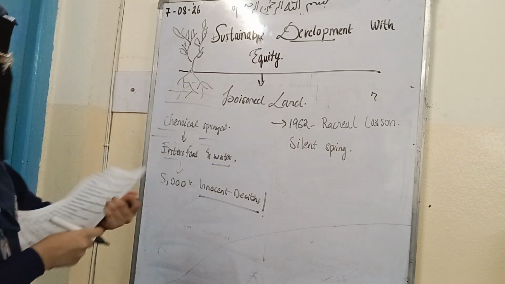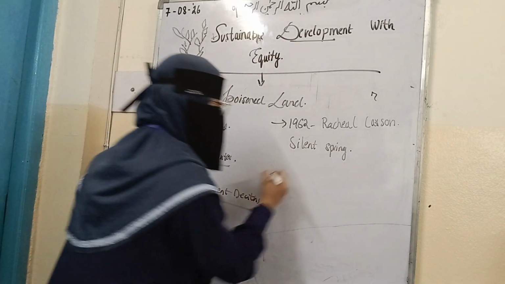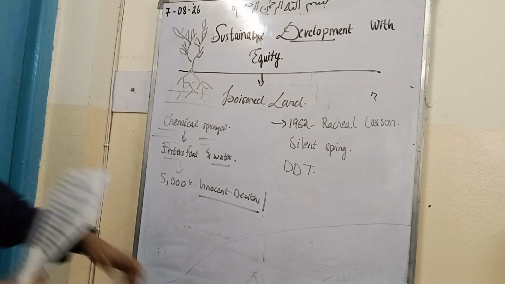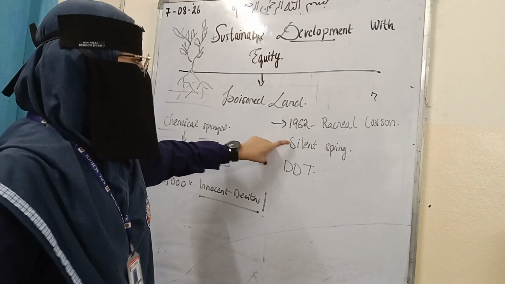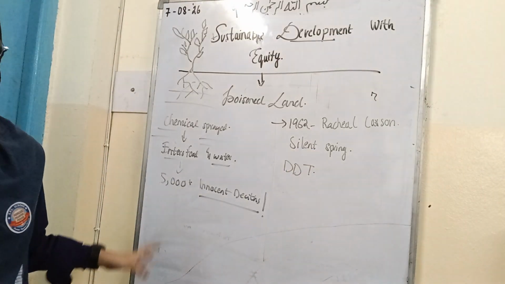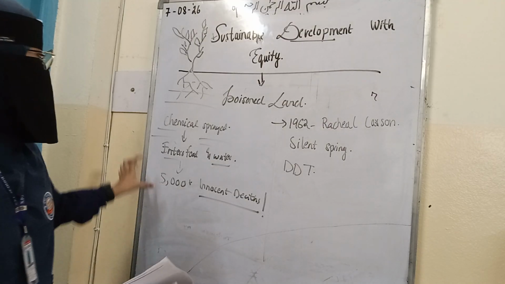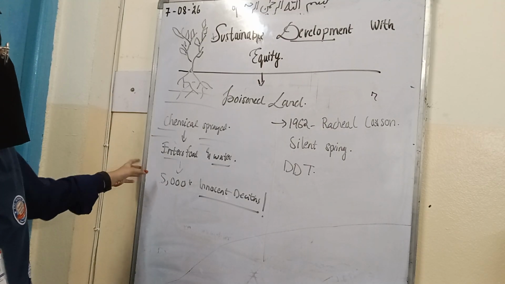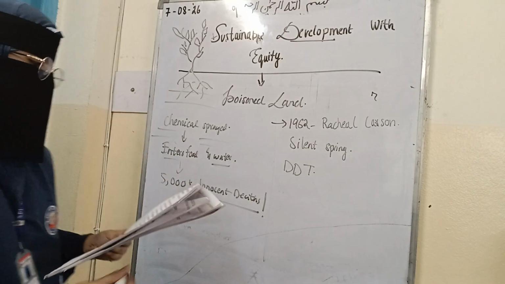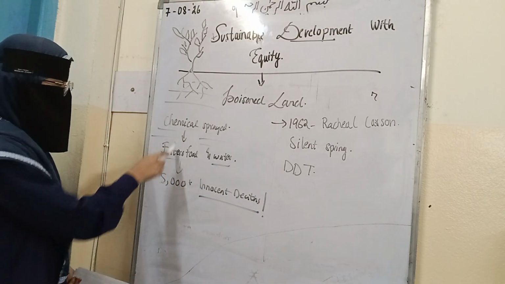In this book, she wrote about a chemical by the name DDT, the effects of DDT, how the environment is being harmed, and how we are destroying the environment with the use of DDT.